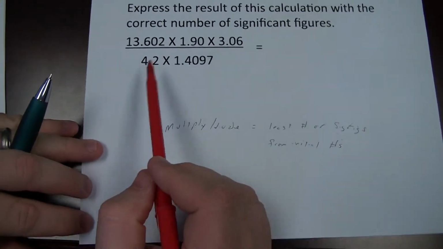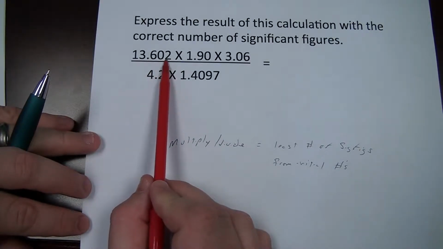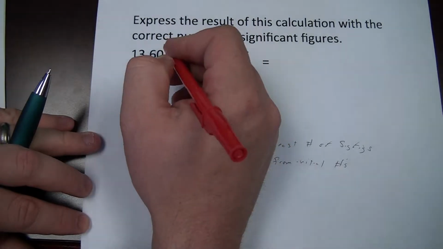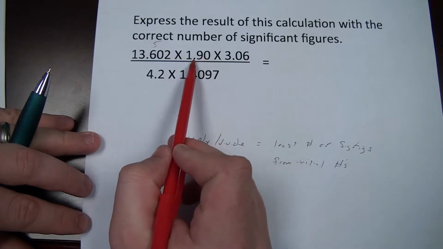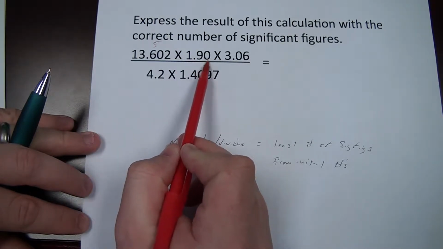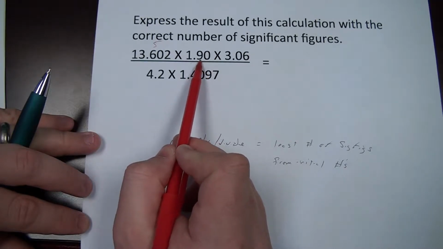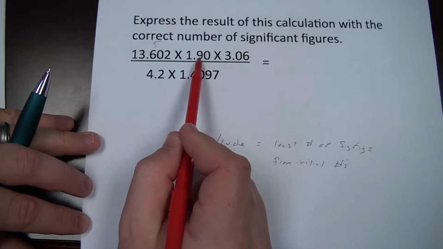So if we look here, in 13.602, all of these numbers are significant, so that has a total of 5. Here, 1.90, this zero is significant because it's to the right of the decimal and preceded by a non-zero digit.